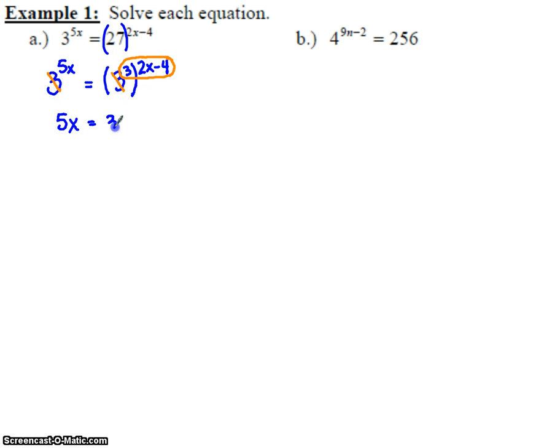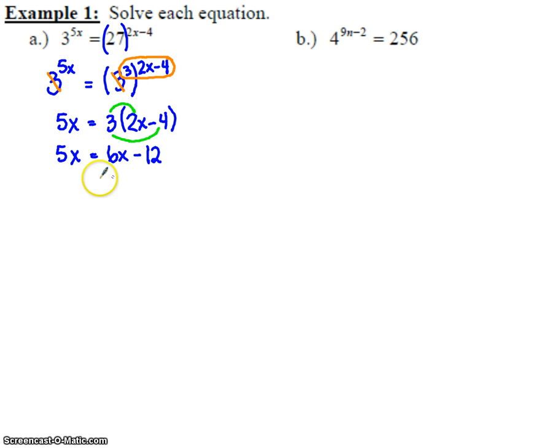So we're going to take a 3 times 2x minus 4, and now we have an Algebra 1 problem, maybe pre-algebra, where we just simplify and solve for x. So we are going to distribute on the right. We're going to take this 3 times the 2x and 3 times the negative 4. That's going to end up giving us a 6x minus 12.